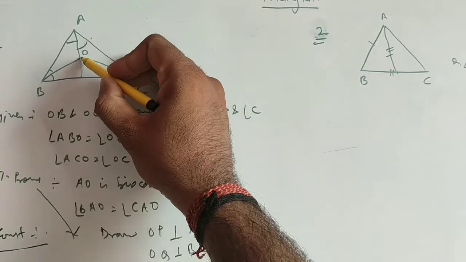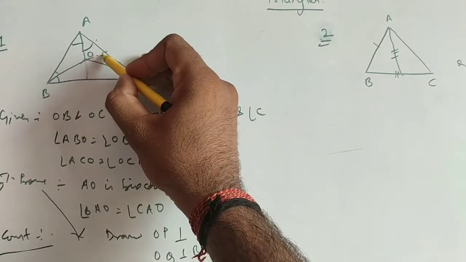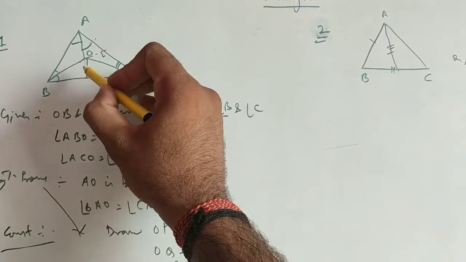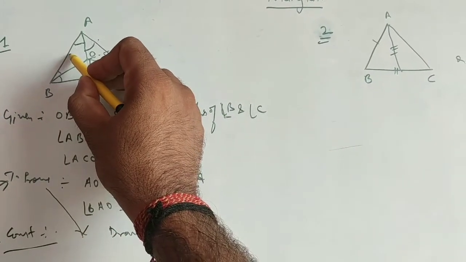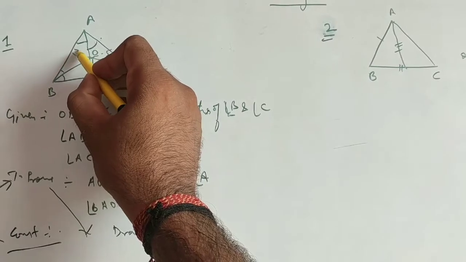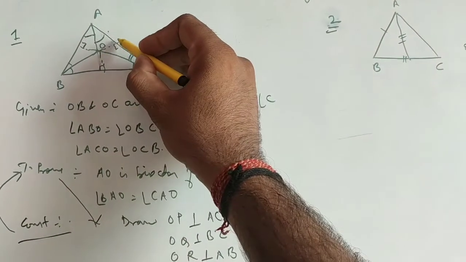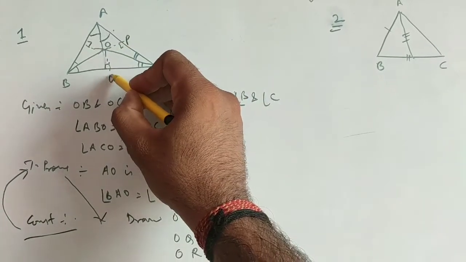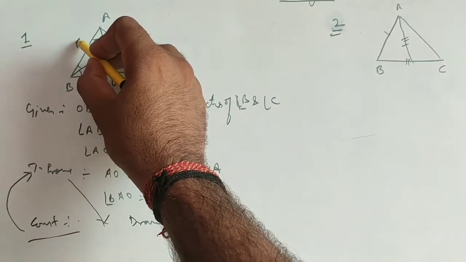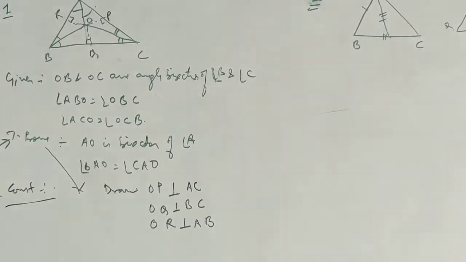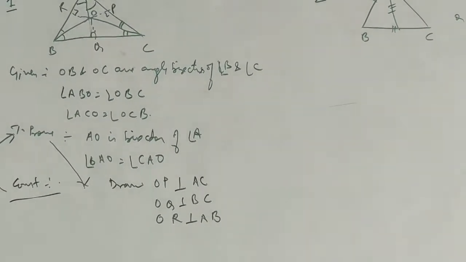So how this is like this. This is one of the perpendiculars, this is the other one, and this is the third one. Okay, we have three perpendiculars: OP, P is this point, Q is this point, and R is this point.